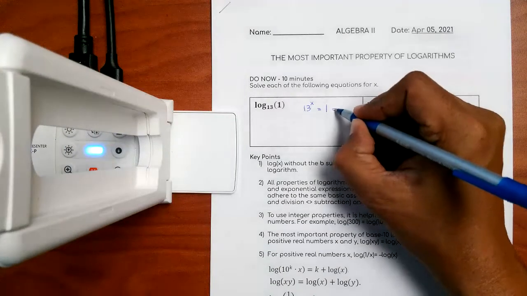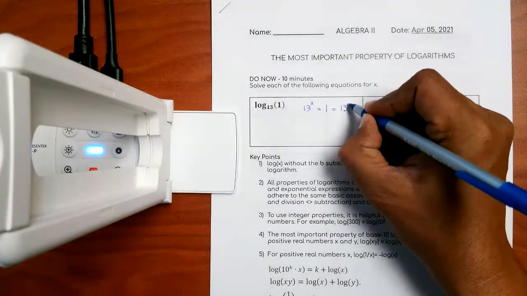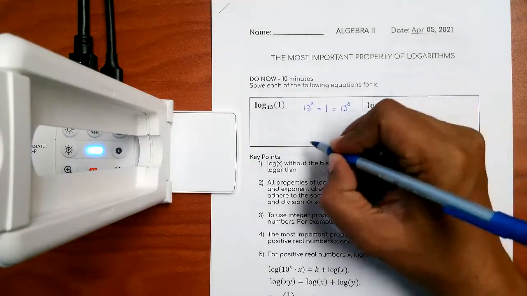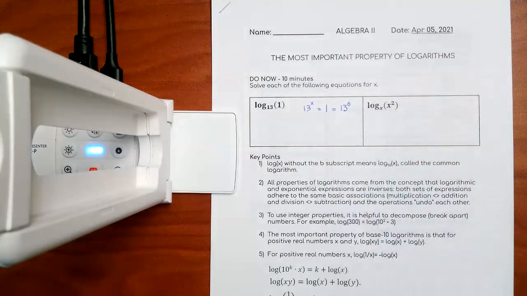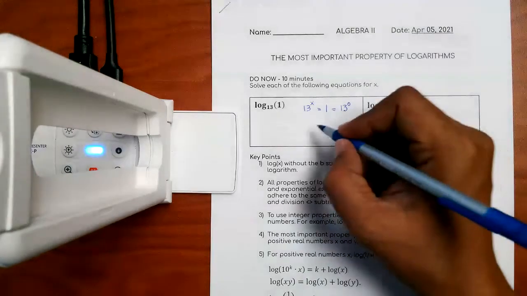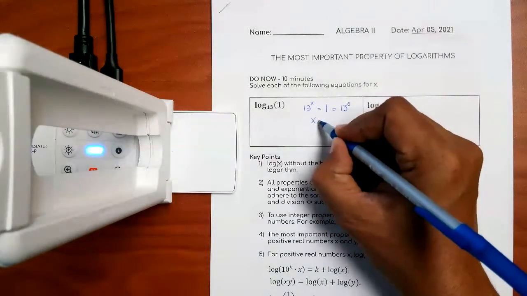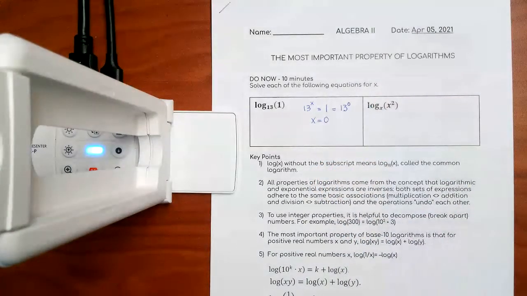So you can write this one as well in the form of 13 exponent 0. So once you do that, you have the same base, and when you have the same base, you can compare the exponents, the powers. So x will be equal to 0. So this was the first problem.